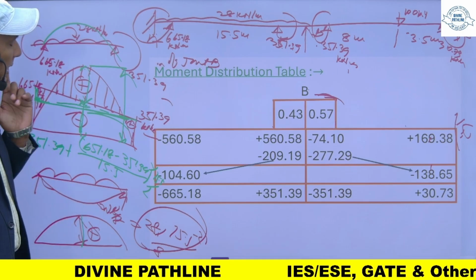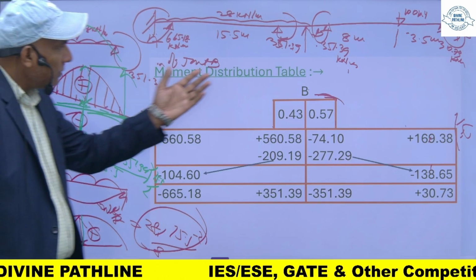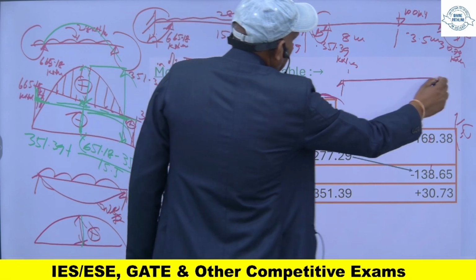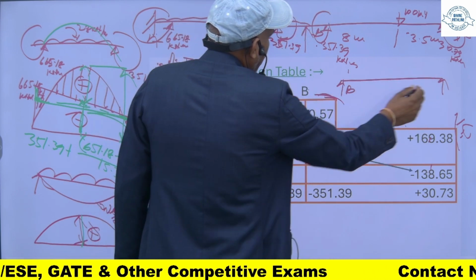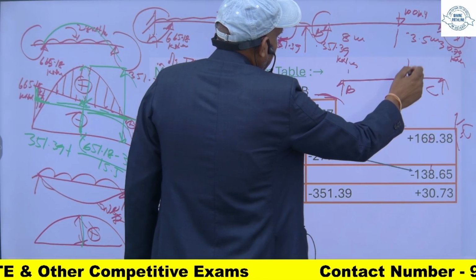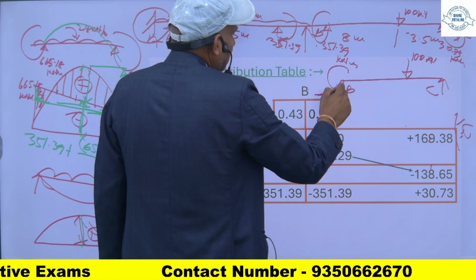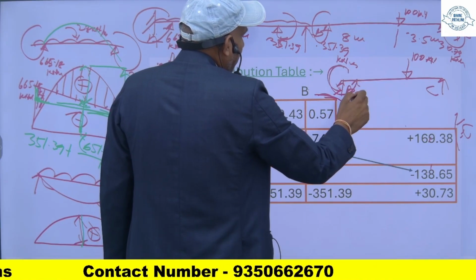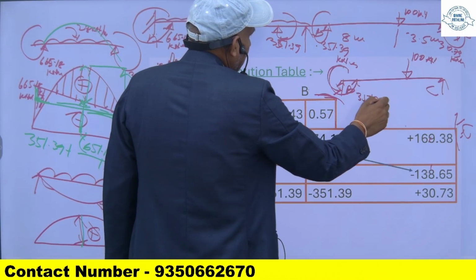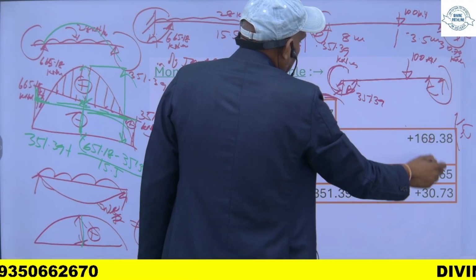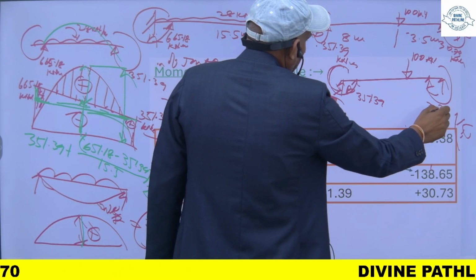You get this one. Again for this portion, if you see, this is BC. So this is 351.39 and this one is 30.73.